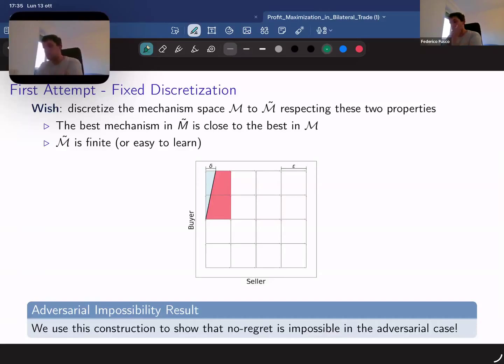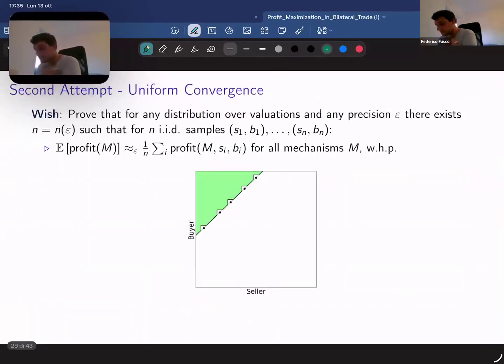So take home message: fixed discretization does not work, and we can tweak this hard example to get an impossibility result for the adversarial setting. So now let's try to understand what we can do in the stochastic setting.